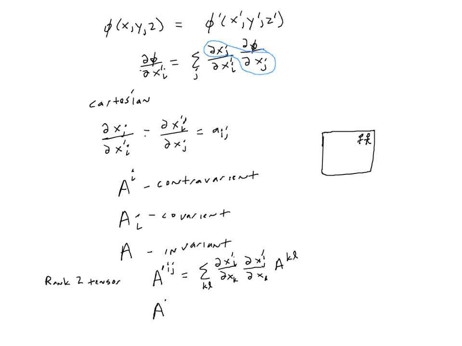And then you can see that if I had a mixed tensor, then it is part contravariant, part covariant, and you can see that it's going to have one where it's primed in the numerator, and the other one's going to be primed in the denominator.